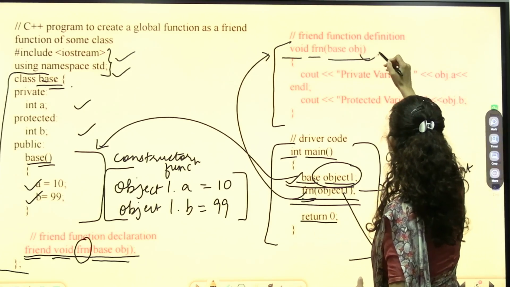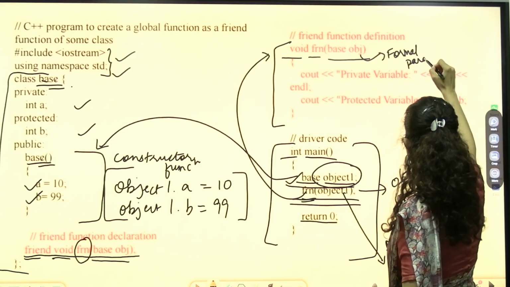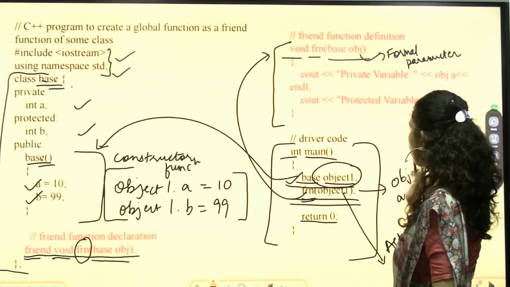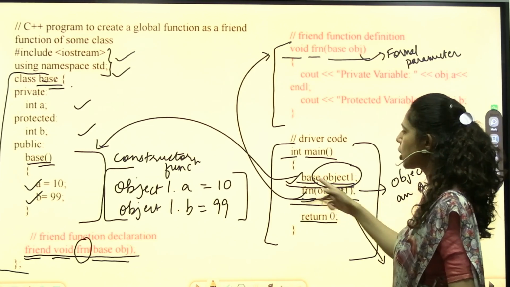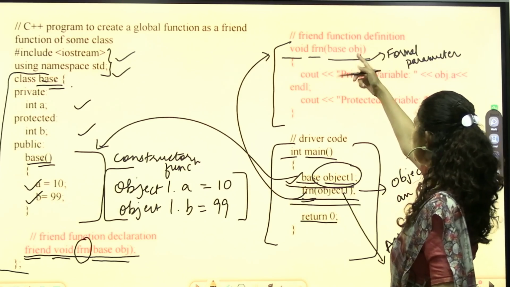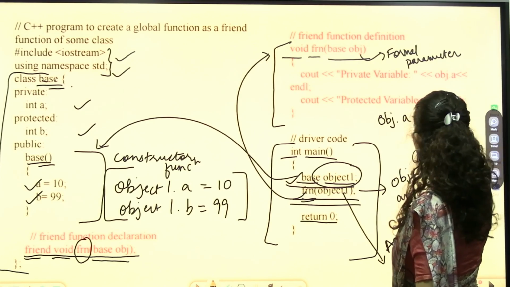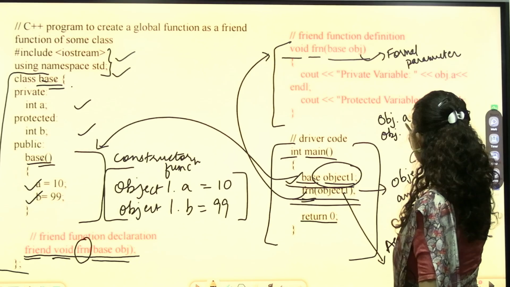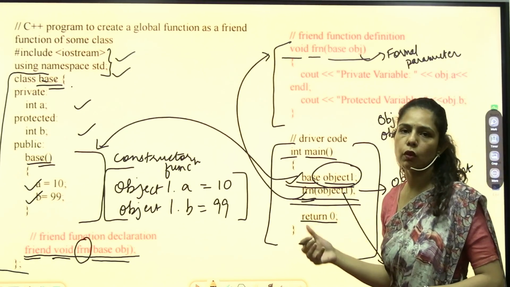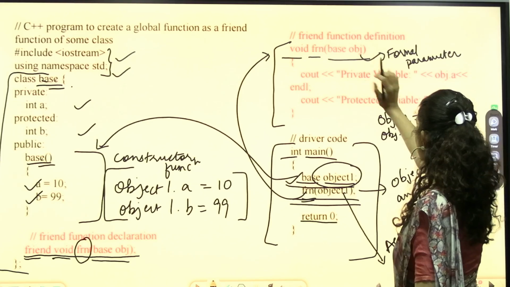So here, this is your formal parameter. Because you are calling this function, your actual parameter will get copied into your formal parameter. So the values of object1.a and object1.b will be copied into obj. Now obj.a will become 10 and obj.b will become 99, because we are copying the contents of object1 into obj.